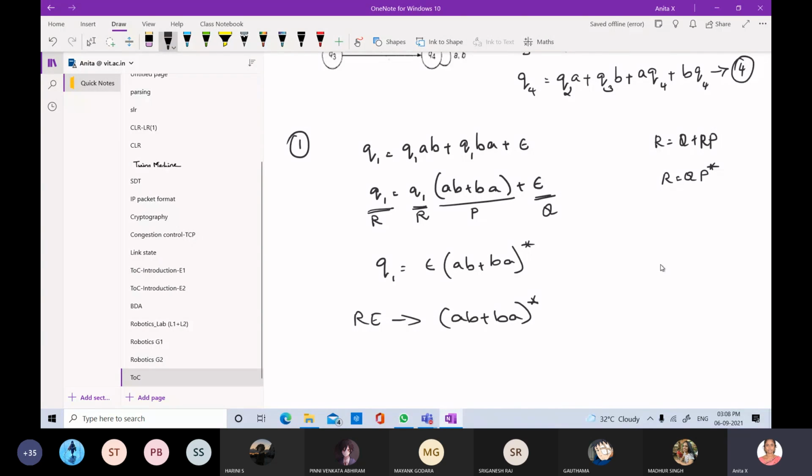Already we have discussed, this OR operator can be represented by this or this or this. So these are the three operators which are used to represent the OR. So this is nothing but (AB or BA) star.